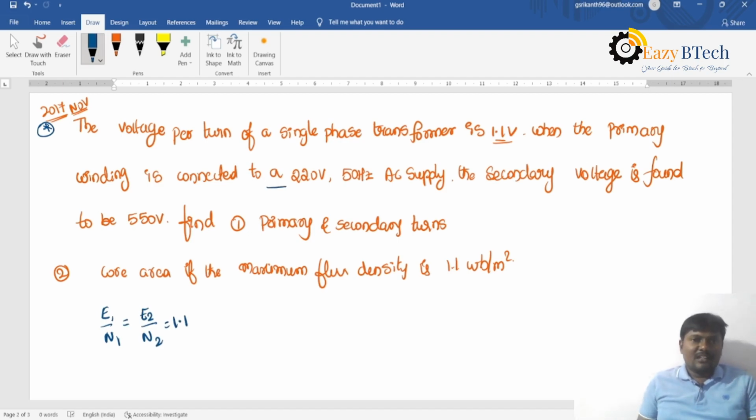The primary winding is connected to 220 volts, that is E1 is 220 volts, and the frequency is 50 Hz. The secondary voltage is found to be E2 is equal to 550 volts. Find the primary and secondary number of turns.